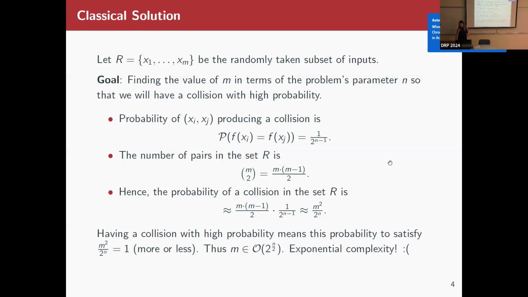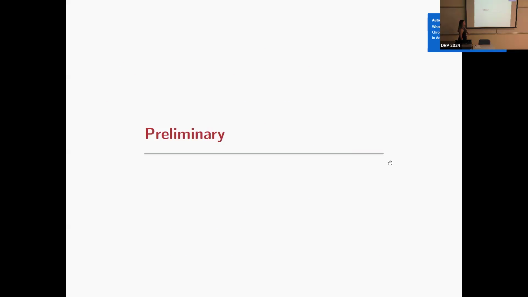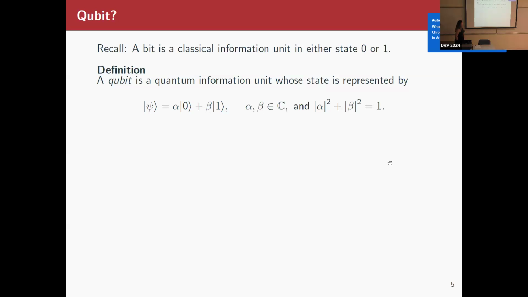Now, before our quantum solution, I'm going to give you some background for quantum algorithms. So what is a qubit? A qubit is a quantum information unit whose state is represented by a linear combination of the states 0 and 1. So you are seeing psi is equal to alpha 0 plus beta 1, where alpha and beta are complex numbers, and alpha squared plus beta squared is equal to 1.